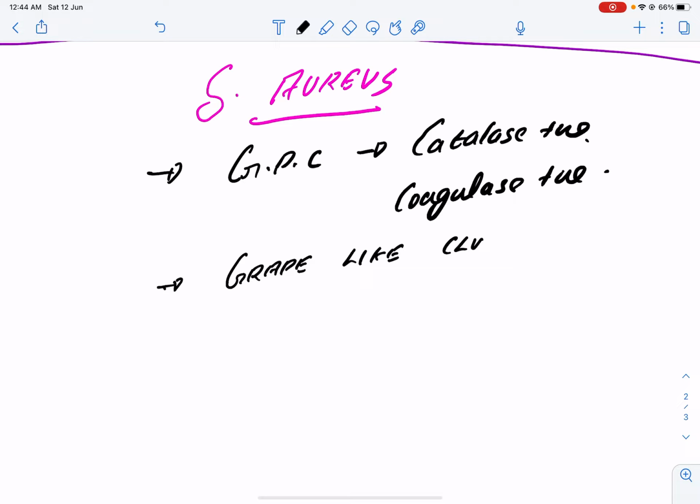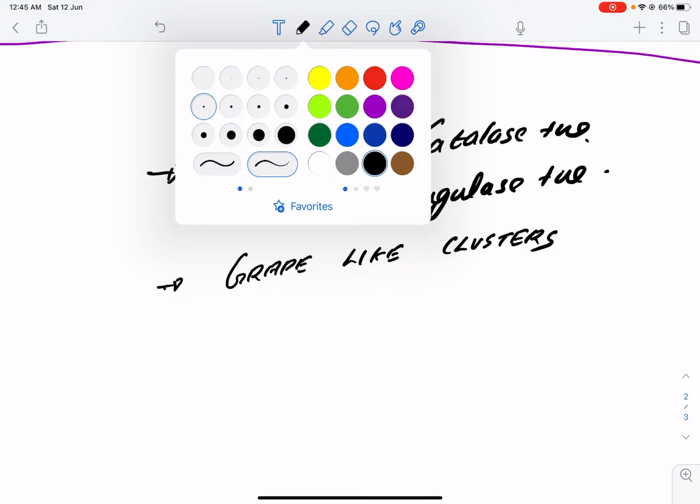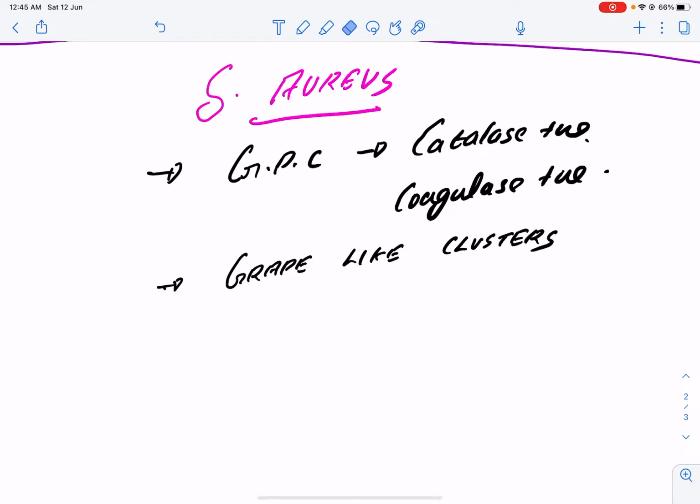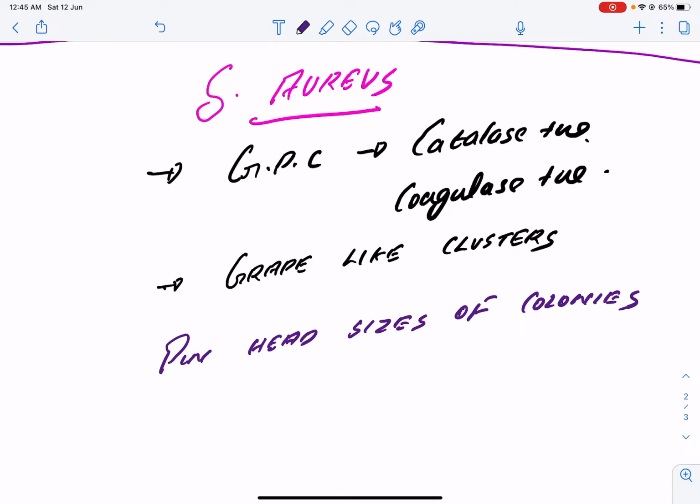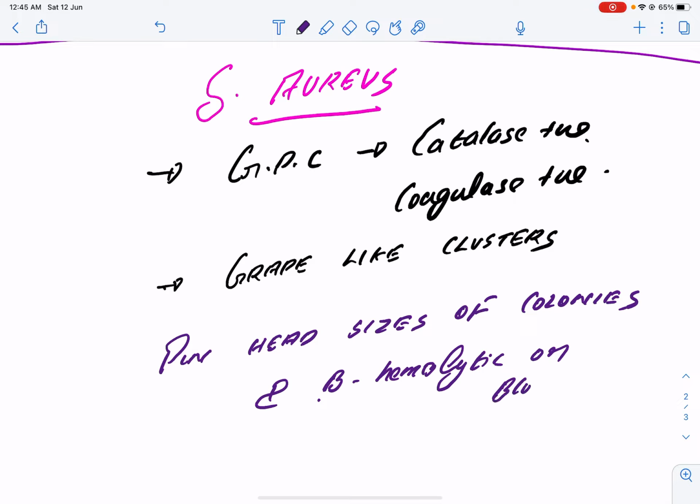Grape-like clusters, and they form pinhead size colonies, and are beta hemolytic on blood agar.